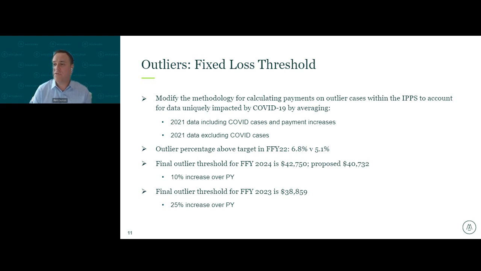This is coming after CMS has identified a change to their methodology in calculating the outlier threshold. And the one thing that they've pointed out is if they had not made this change, the threshold would actually be significantly higher than this. That relates to how they adjust for COVID within the cases. So to point out, the outlier threshold continues to grow. It definitely needs to be identified and modeled for your particular providers.